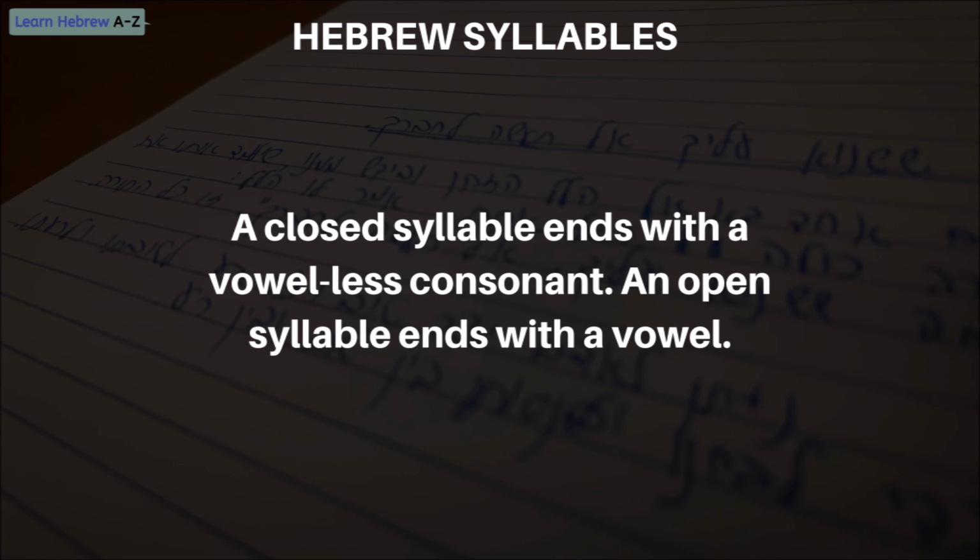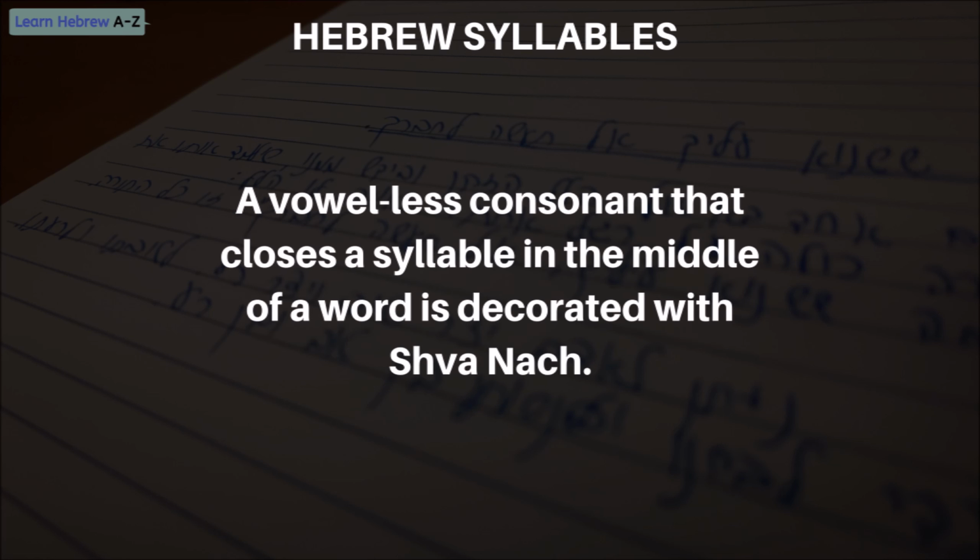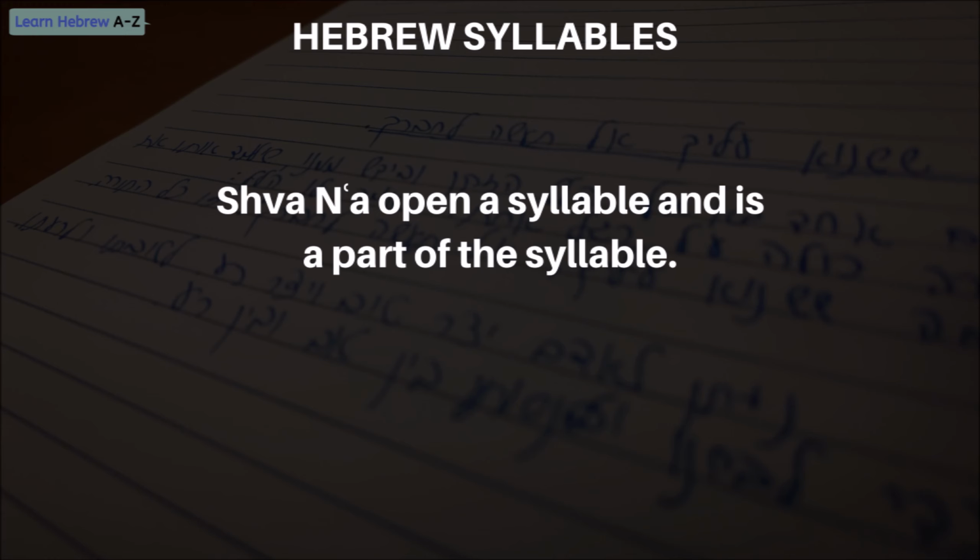A closed syllable ends with a vowelless consonant. An open syllable ends with a vowel. A vowelless consonant that closes a syllable in the middle of a word is decorated with shva nach. Shva na opens a syllable and is a part of the syllable.